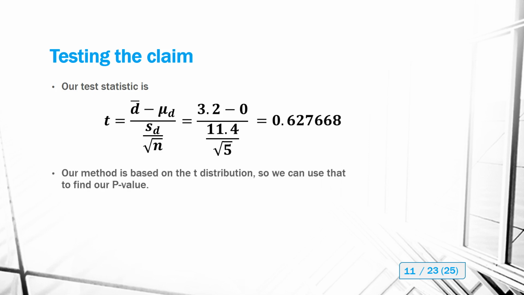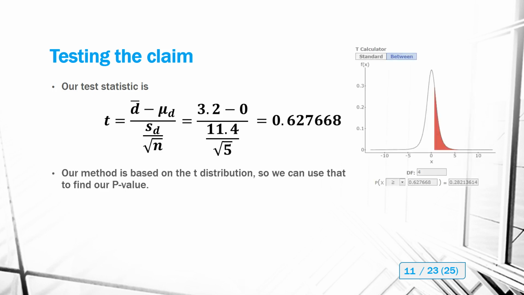Now, our method is based on the t-distribution, so we can take this test statistic and use it to find our p-value. So here I have my t-distribution, 4 degrees of freedom, that's 1 less than the sample size. I put in my test statistic, and out comes the area, which is my p-value, 0.2821.